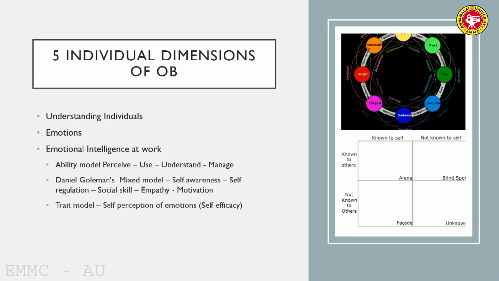One is the ability model. The other one is Daniel Goleman's mixed model, and the third one is the trait model. Daniel Goleman's mixed model will be of much interest to all of us, because that is the model which takes care of the other two models.